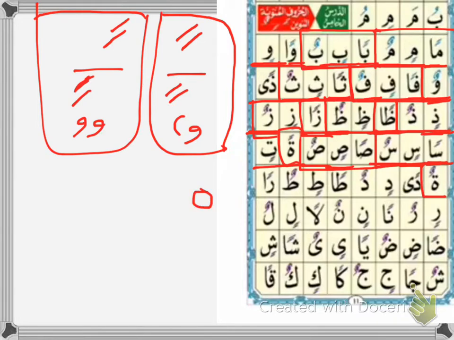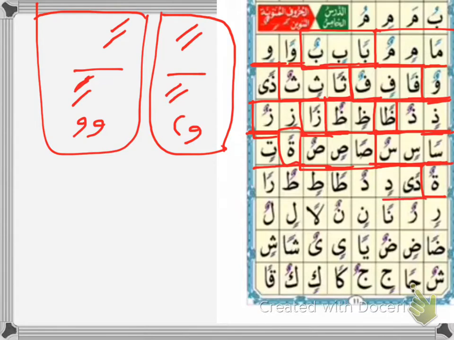They just want to show you when you have the تا مربوطة with فتحتين, we do not put the ألف. Okay? There's no ألف after the تا مربوطة. So تا فتحتين وتا ضمتين. It's تن and تن.